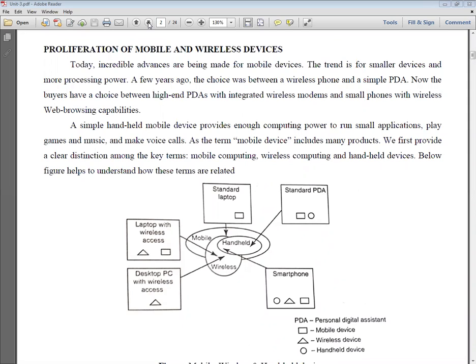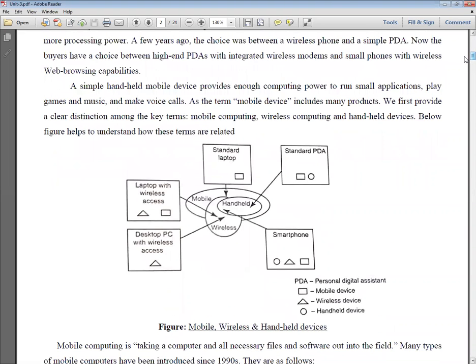So there is a diagram here. If you look at the screen, there is a diagram available, where this diagram is mobile, wireless, and handheld devices. If you look at the bottom of this diagram, PDA, in the sense personal digital assistant, and the square box represents the mobile device, the triangle represents the wireless device, and the circle represents the handheld device.